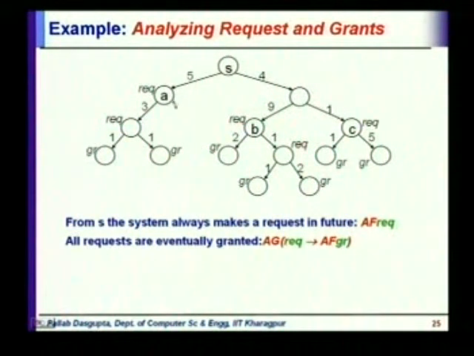So let us look for states which satisfy request. From here all paths satisfy future grant, from here also all paths satisfy future grant, from this request all paths satisfy future grant, from this request all paths satisfy future grant. This also holds, this also holds, right?